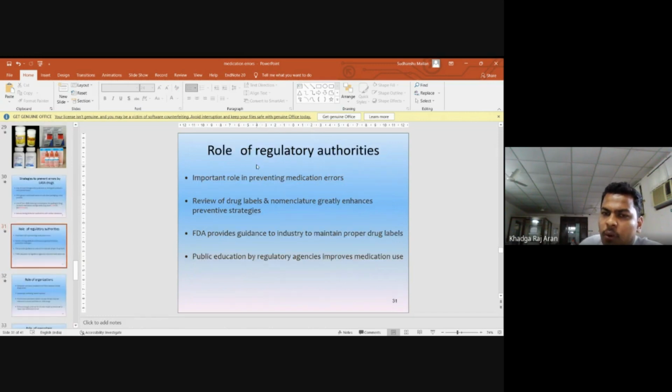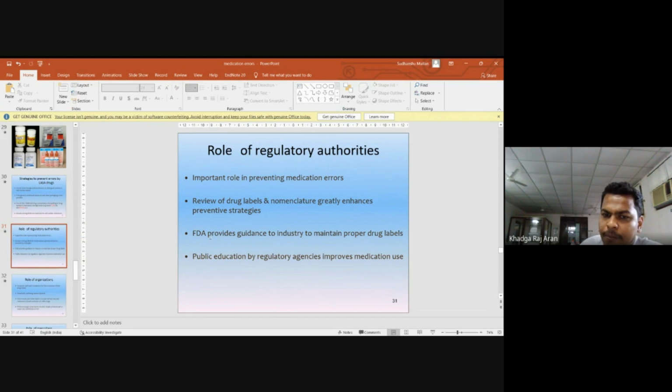The next is the role of regulatory authorities to improve medication safety. They play an important role in preventing medication errors by reviewing the drug labels and nomenclatures, which enhances the preventive strategy in the patient.